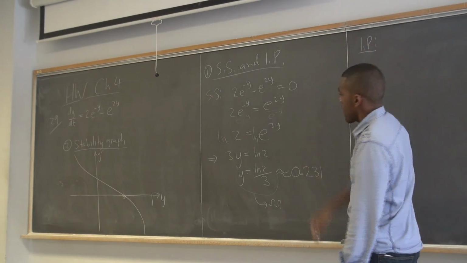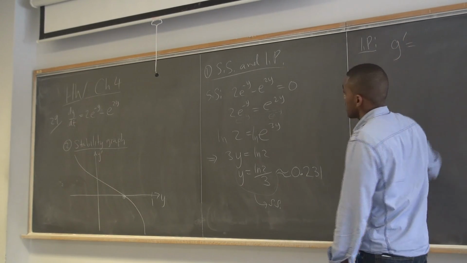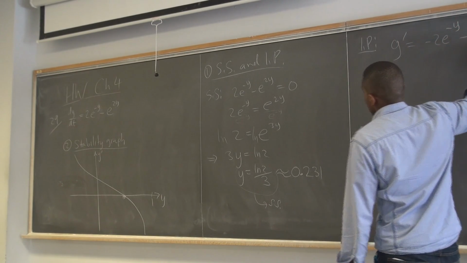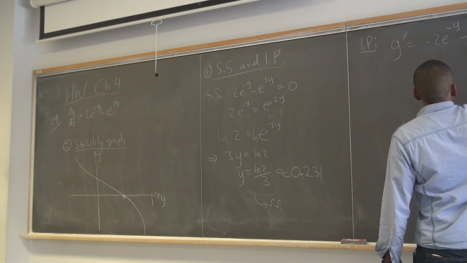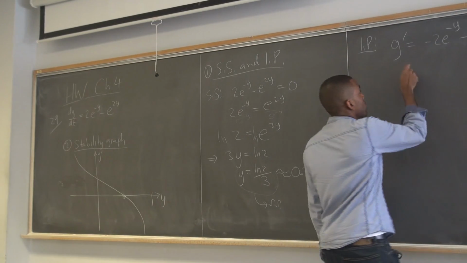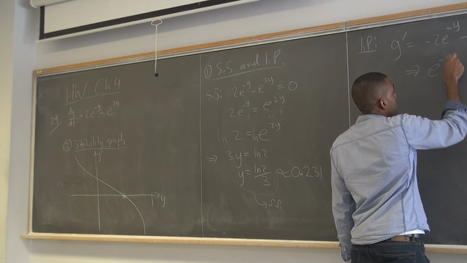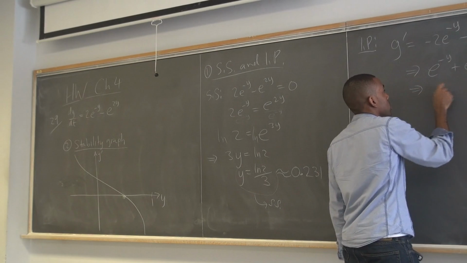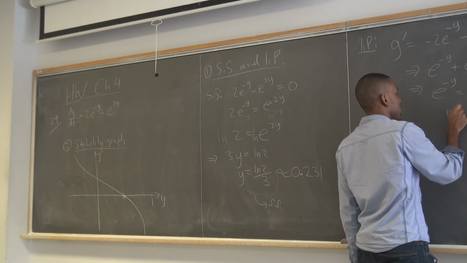And inflection point means I have to find the second derivative of this, which is minus 2e to the minus y minus 2e to the 2y, and set that equal to 0. So I can divide by minus 2 on both sides, which means e to the minus y should be equal to minus e to the 2y, which has no solution.